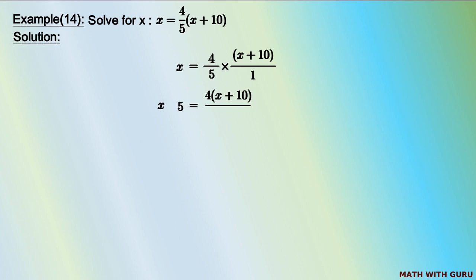Transpose 5 to the left hand side. It multiplies x. 5x equals 4 into (x plus 10), open the brackets, 4x plus 4 into 10, 40. Bring 4x to the left hand side. 5x minus 4x equals x, x equals 40.